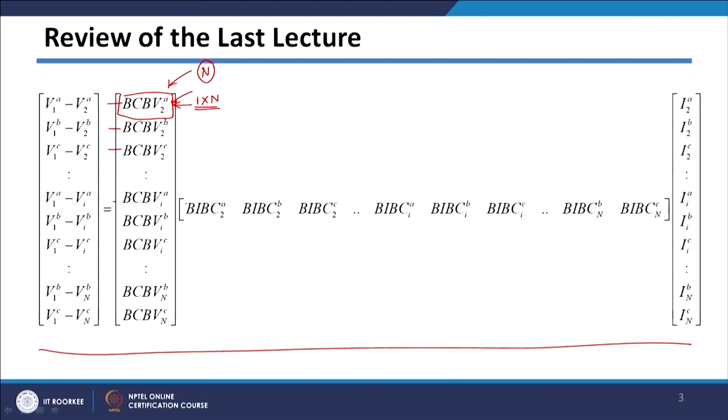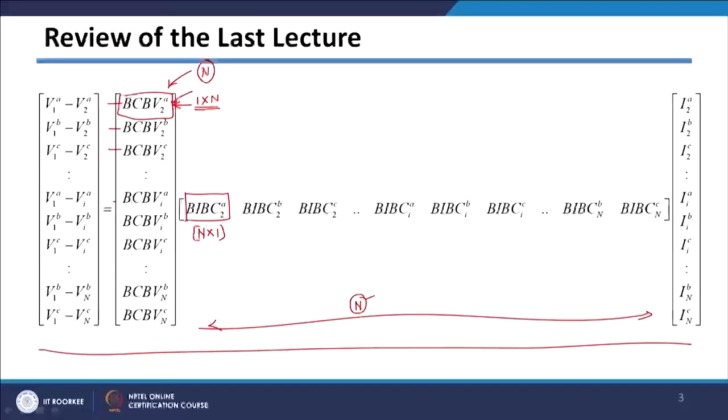And if you observe the BIBC, each will be one column, so its size will be n rows by 1. The BIBC matrix will also consist of n columns if there are n 3 phase unknown nodes in your system, considering all the nodes except the source node as unknown.